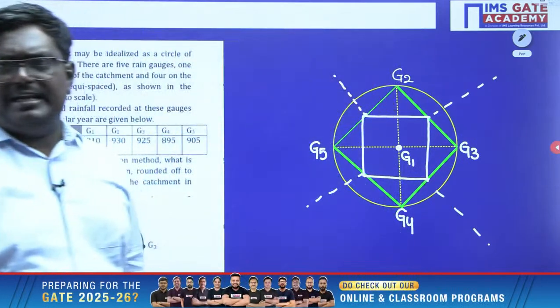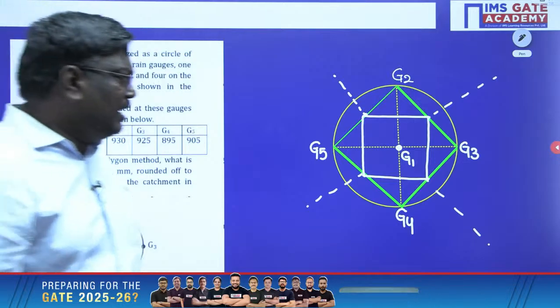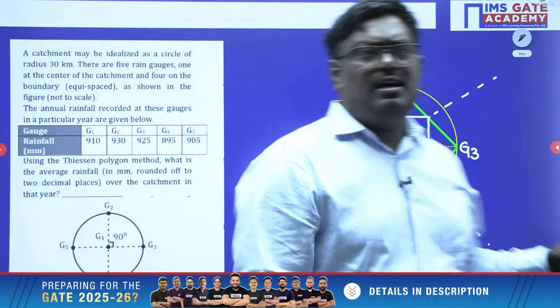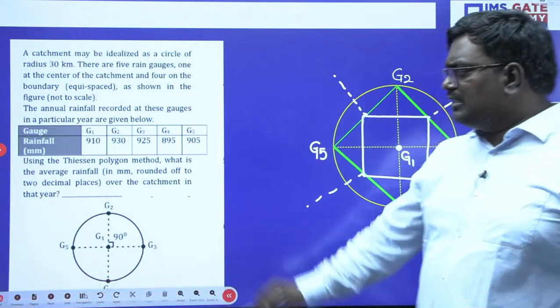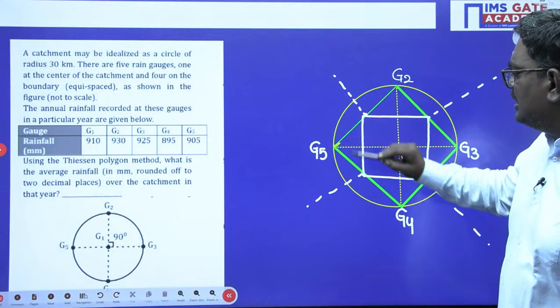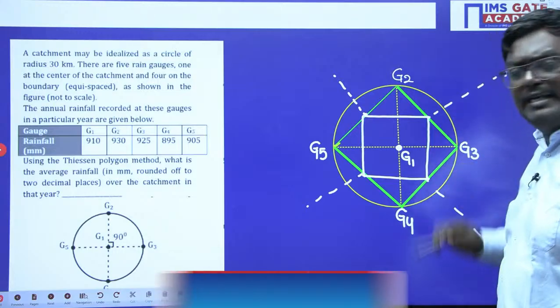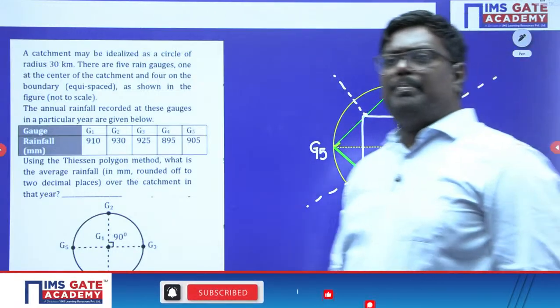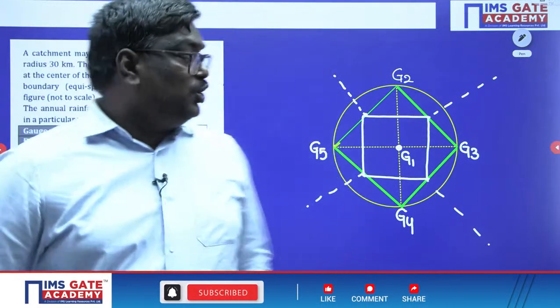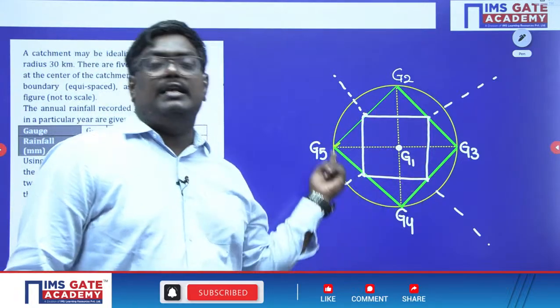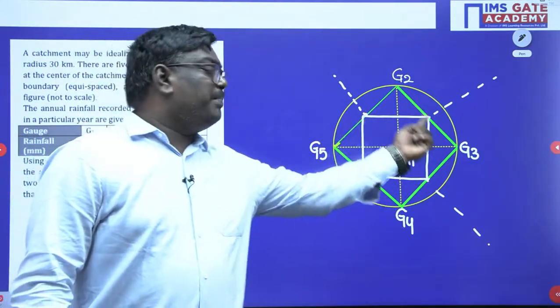Are you following what I am trying to say? In the Thiessen polygon method, you connect all the stations, drop the perpendicular bisectors, and once you have dropped them, a polygon should be formed.